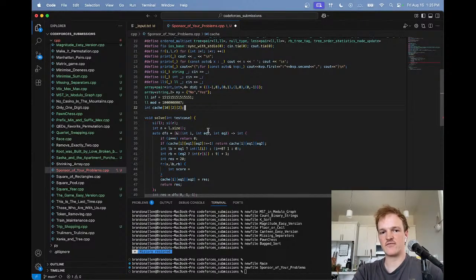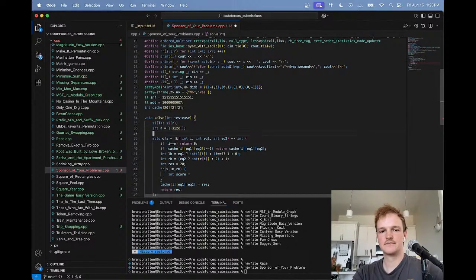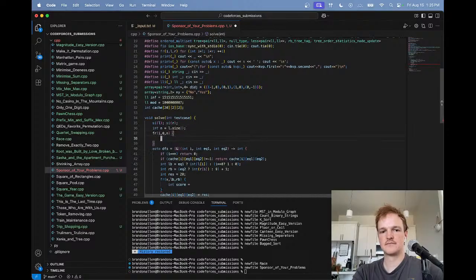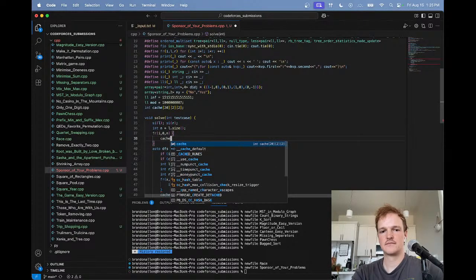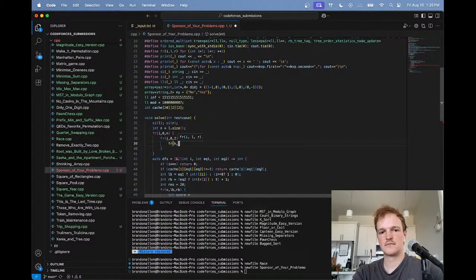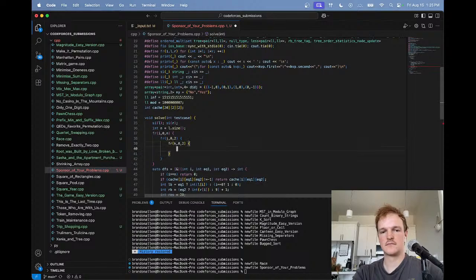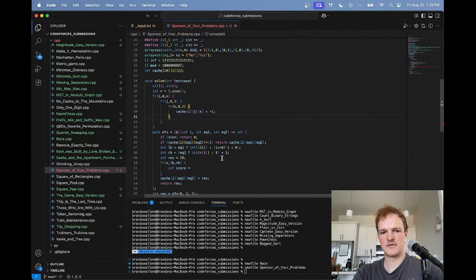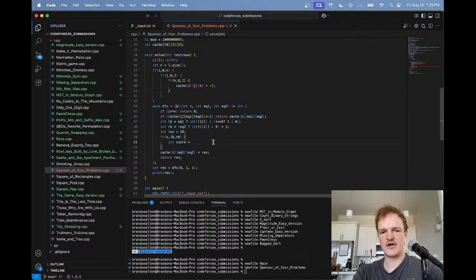I think just to be safe, I guess I'll have this be 20, but it shouldn't matter. Okay, looks good. So the cache is all set up.